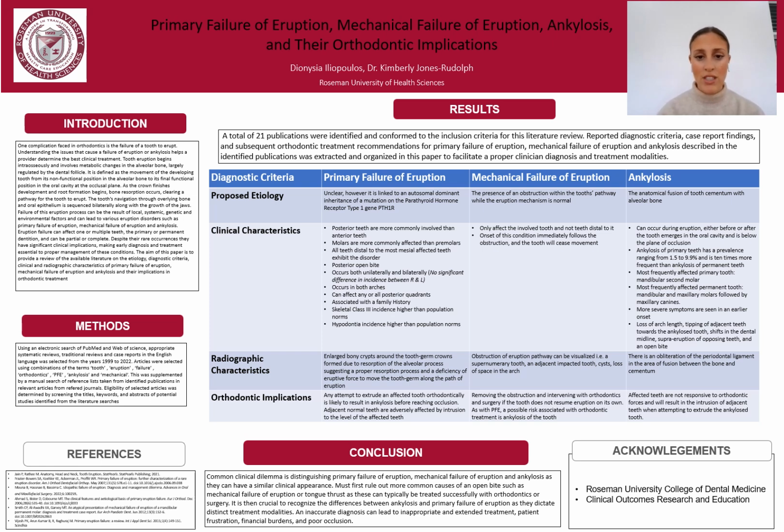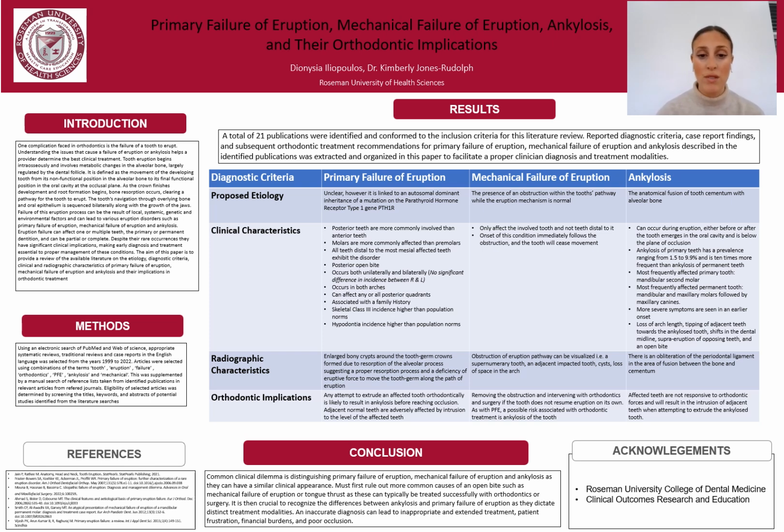Clinical characteristics of each of these conditions are also described in order to help a clinician diagnose their patient. Clinical characteristics of primary failure of eruption: posterior teeth are more commonly involved than anterior teeth, while molars are more commonly affected than premolars.